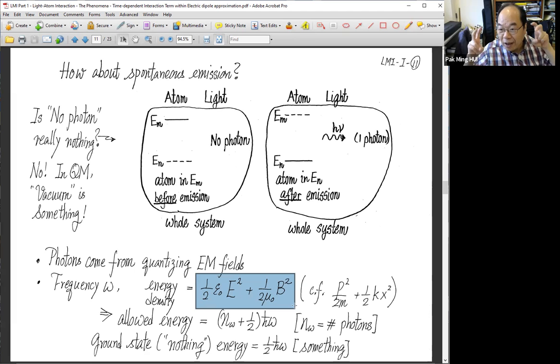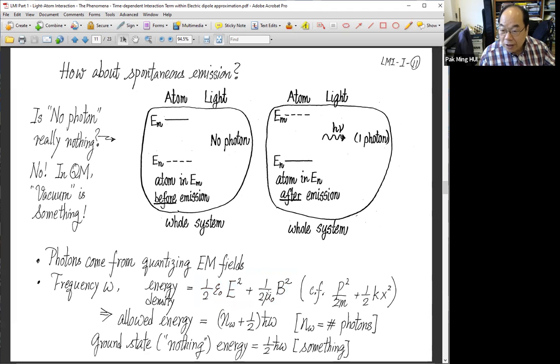Well, if you look at this energy density, it is a Hamiltonian density, right? Energy is Hamiltonian. So that looks like a Hamiltonian. Do you see that it is very much like this? Two quadratic terms. And therefore, it's not surprising that when you quantize EM fields, basically it is oscillator physics.